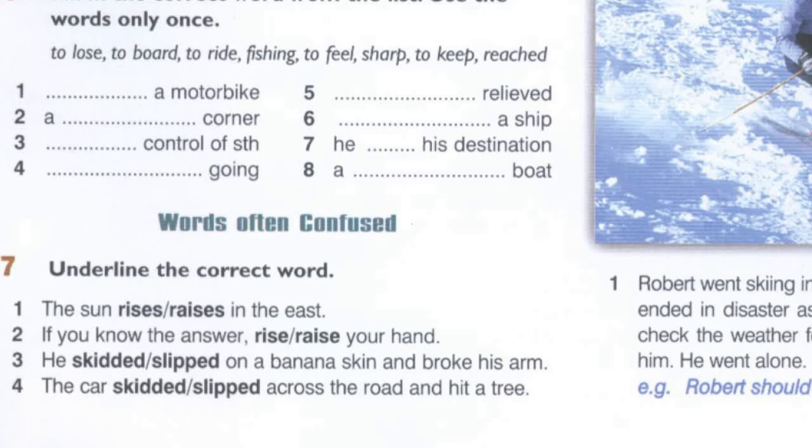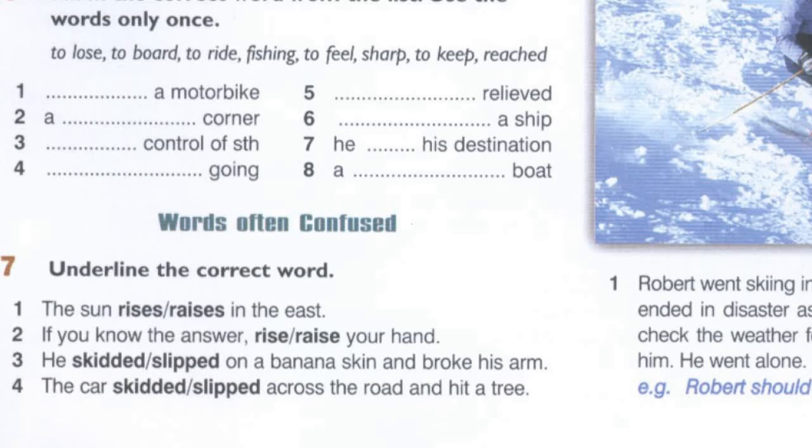Number 1, the sun rises in the east or raises in the east. Rises in the east. Well done. Number 2, if you know the answer, raise your hand or rise your hand. Yes, correct.